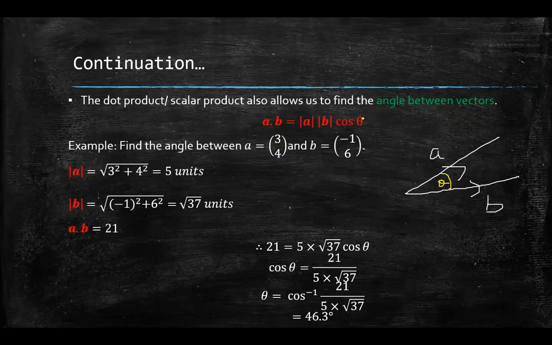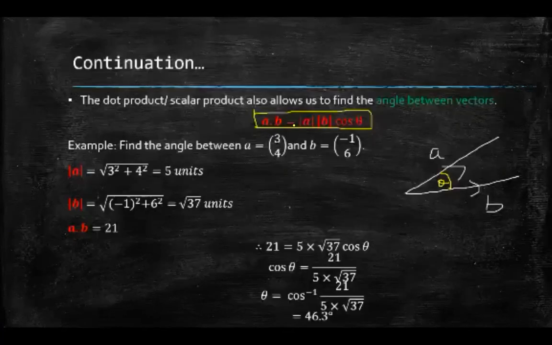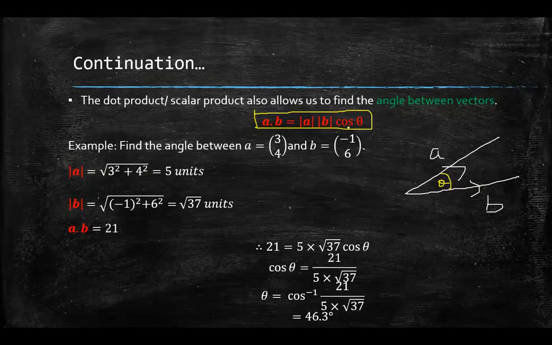And how exactly do we do that? Well, you apply this formula right here. The dot product is equal to the modulus of the vector A multiplied by the modulus of the vector B multiplied by cos of the angle between them. This is the formula you would apply, right? So say you're given a question and you have to find the angle between vectors A and B again, right?